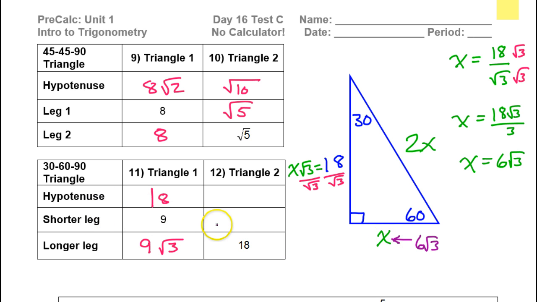So I know the short leg now is 6 radical 3, and I can go ahead and write that down. Now the hypotenuse should be 2 times the short leg, so 2 times 6 radical 3. That's going to be 12 radical 3.